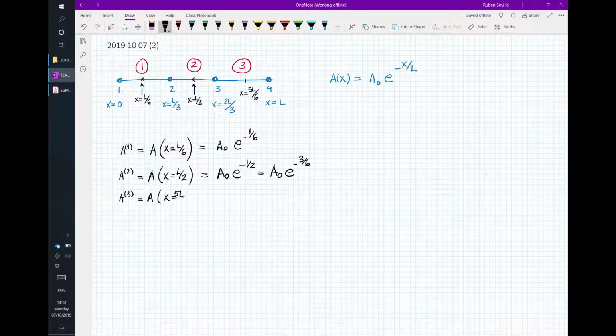And then the last one, exponential of minus 5 divided by 6. Right, so that's the intermediate step that we need to do before we can go back to our slides.